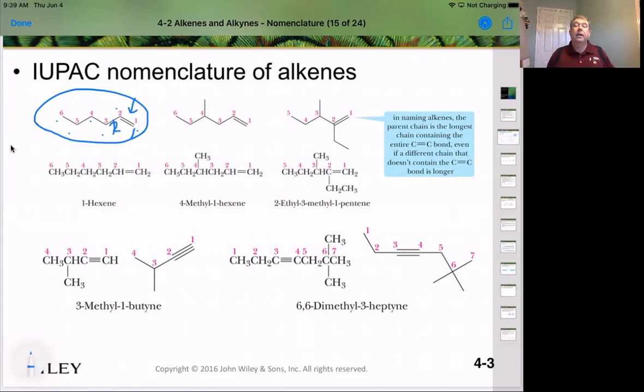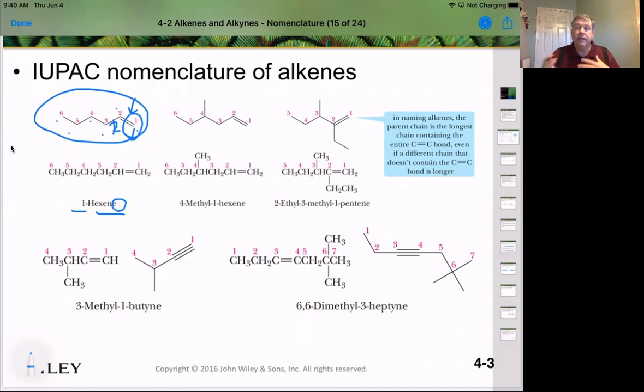So in this case, because the double bond starts at the number 1 carbon, we do not have to specifically say it's 1-hexene. However, that's the most appropriate way to label this compound. 1 because the first carbon is in the 1 position, hex because it has 6 carbons, en because it is a double bond, and an e at the end because it's only a hydrocarbon.